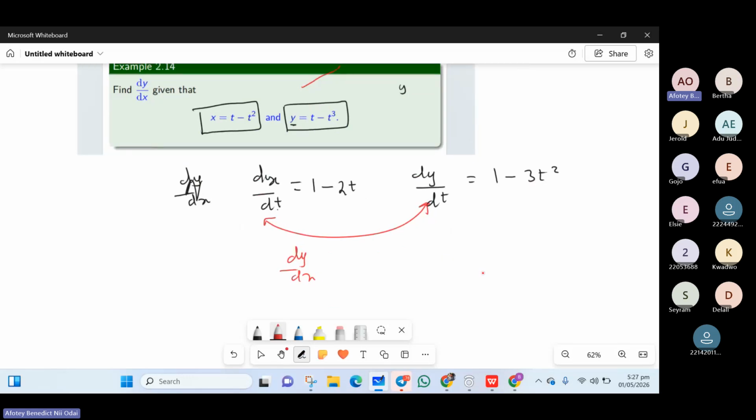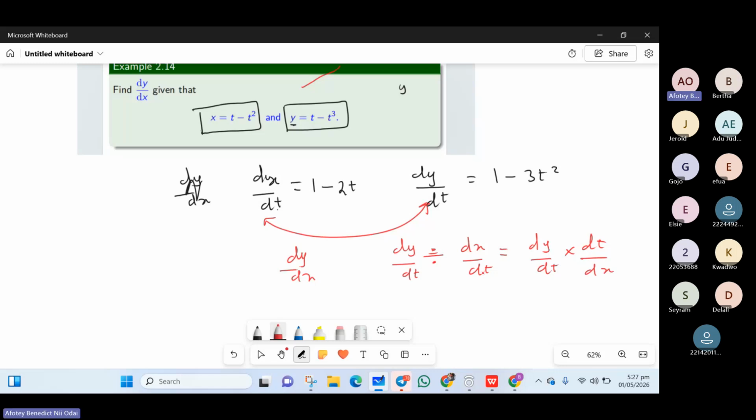When you multiply, you don't get the dy on dx. Rather, we divide. So when you divide the dy on dt by the dx on dt, you basically get the dy on dt times the dt on dx.